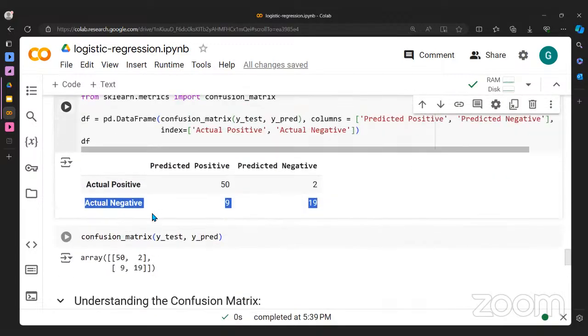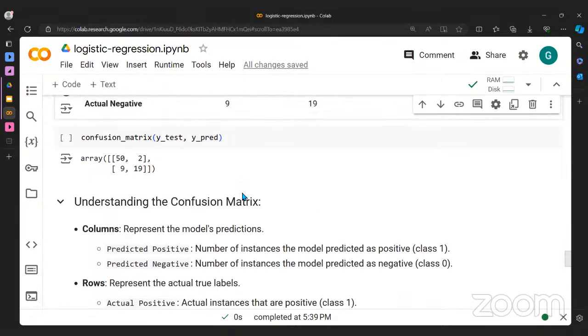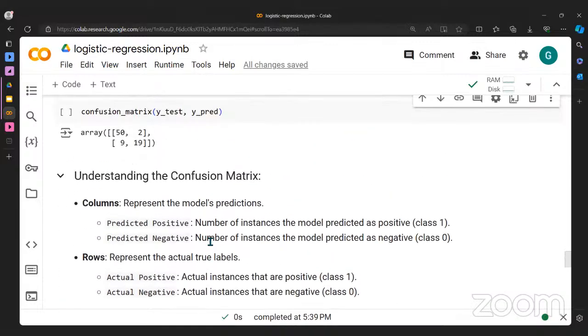True positive, false positive, true negative, false negative. True positive is 50.